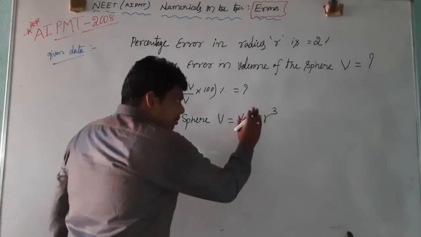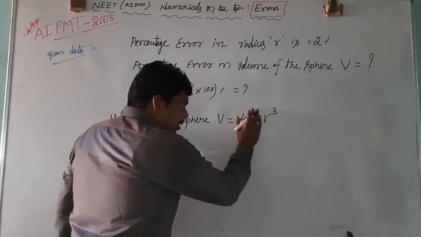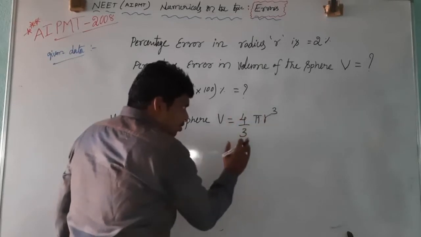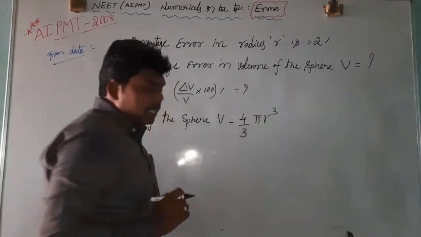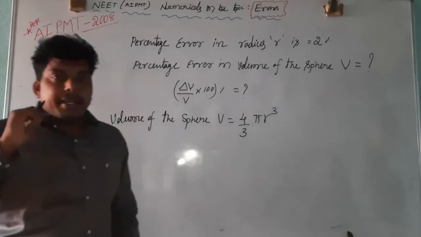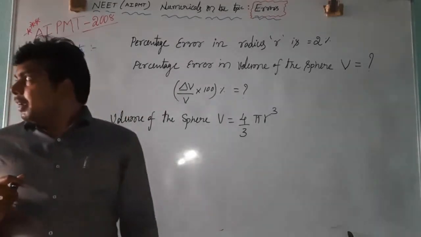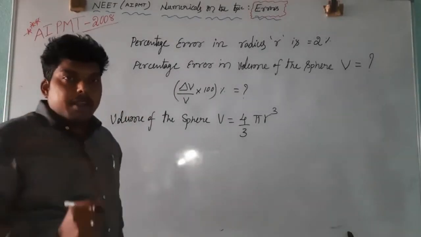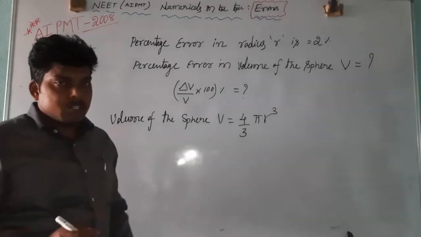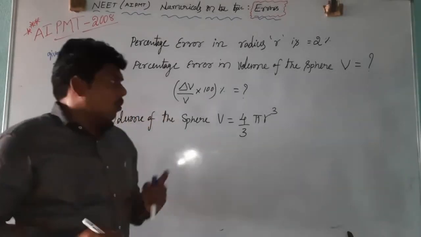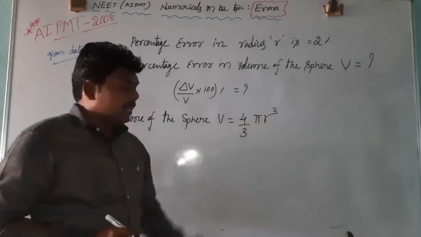If you multiply with pi, you will get a certain value, that is nothing but a proportionality constant only. Already I said that in the previous problem: while determining the errors, we should not consider the proportionality constant. We should neglect them. We should consider only the physical quantity.